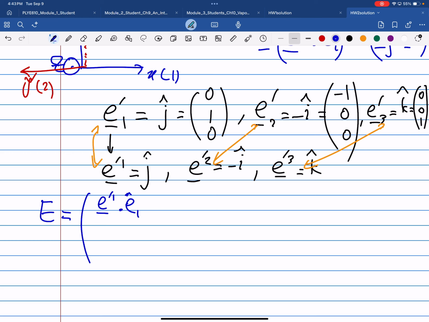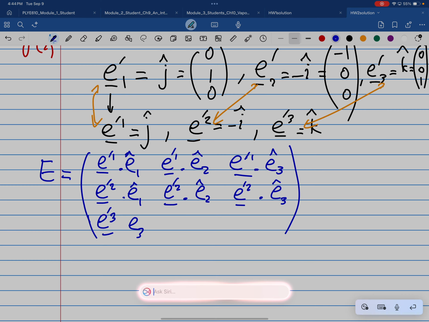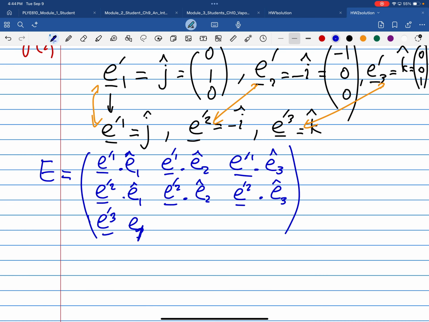E1, E1 prime, E2 prime, E3, then you have for the second one, same thing. So they're going to be E matrix.